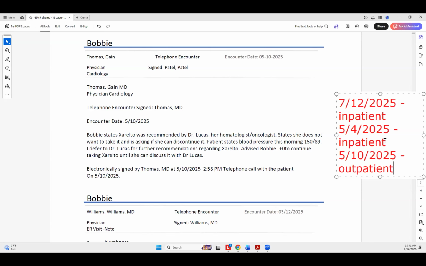Because the hospital only does emergency care. We can't call up the hospital and say, hey, unless the hospital has an outpatient pharmacy connected to it, outpatients can receive medications, not inpatients.